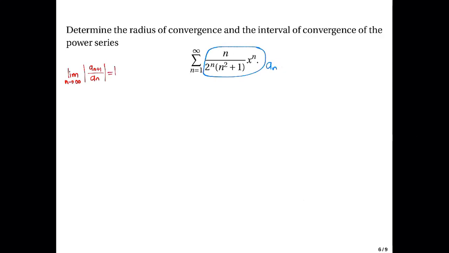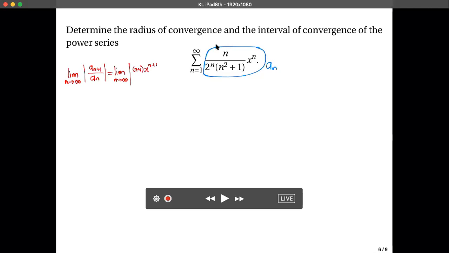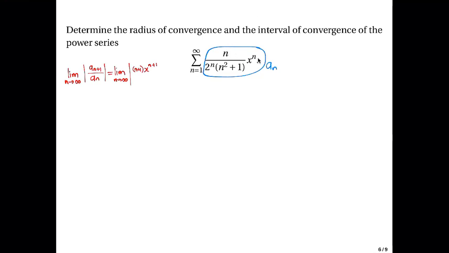And this guy here, let us plug in. So for the first one, you will have n plus 1, x to the n plus 1. So this is your n plus 1 here, the x to the n plus 1 coming from this. And then divided by 2 to the n plus 1, quantity n plus 1 squared plus 1.